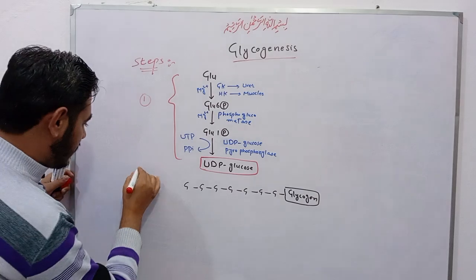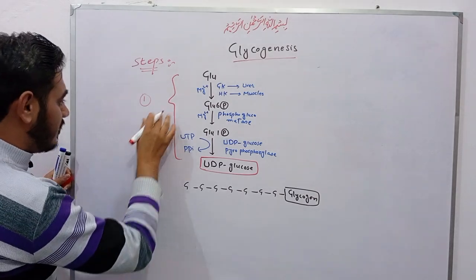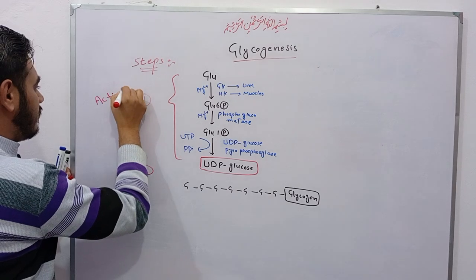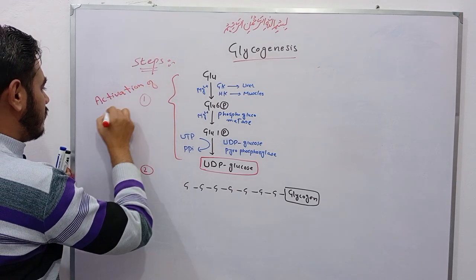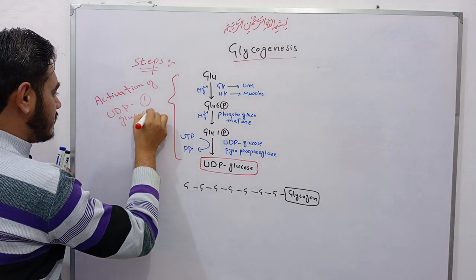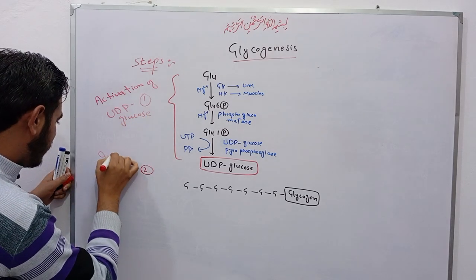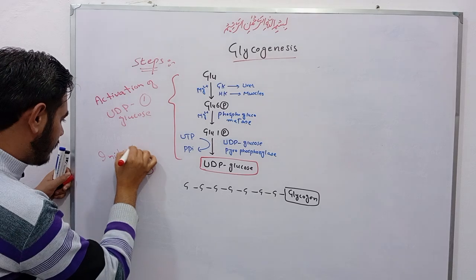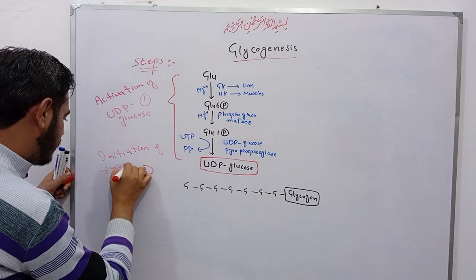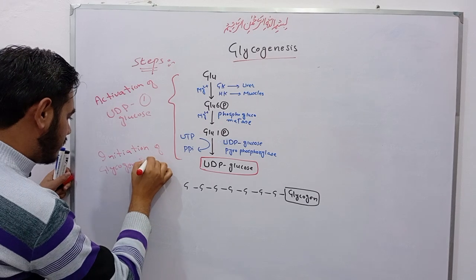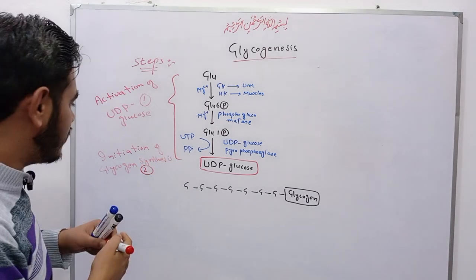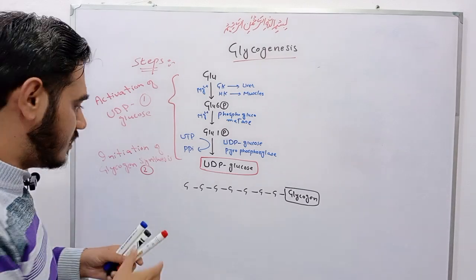The first step is activation of UDP glucose, and the second one is initiation of glycogen synthesis.